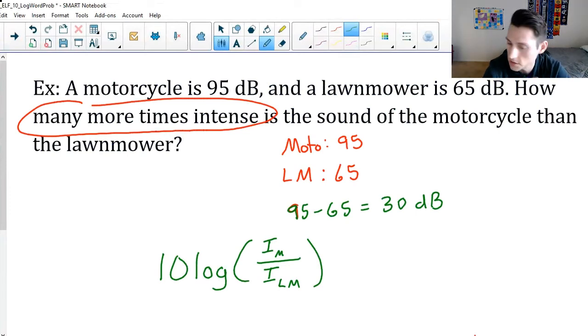You can use whatever subscripts, the letters down there, you want. You could just use 1 and 2, or letters, it doesn't matter. And so I know whenever I compare their intensities and run it through this formula, the difference between those is 30 decibels.